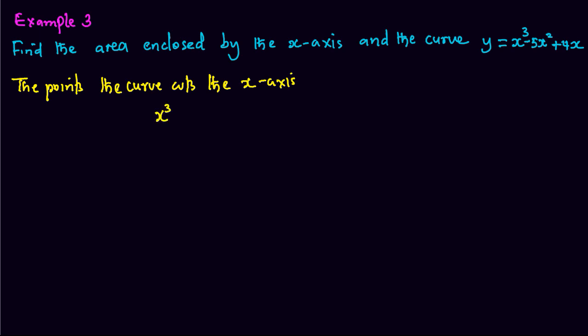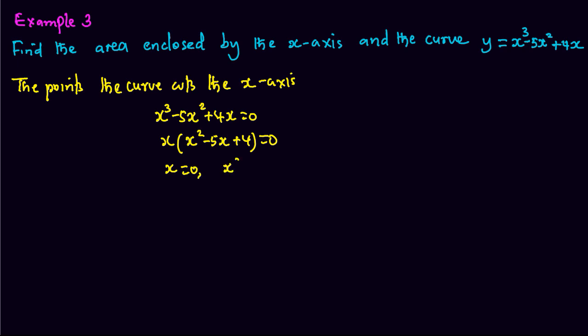x cubed minus 5x squared plus 4x will be equal to 0, so that x into x squared minus 5x plus 4 is equal to 0. So x will be 0.